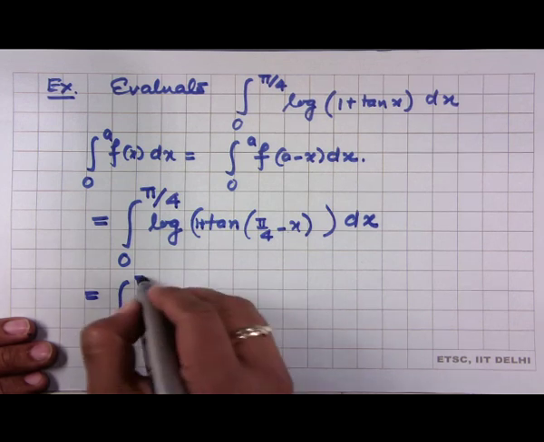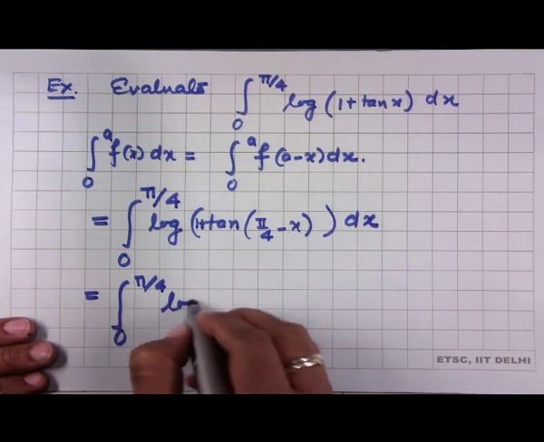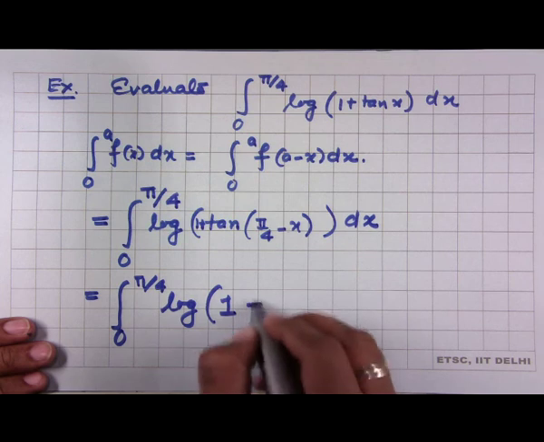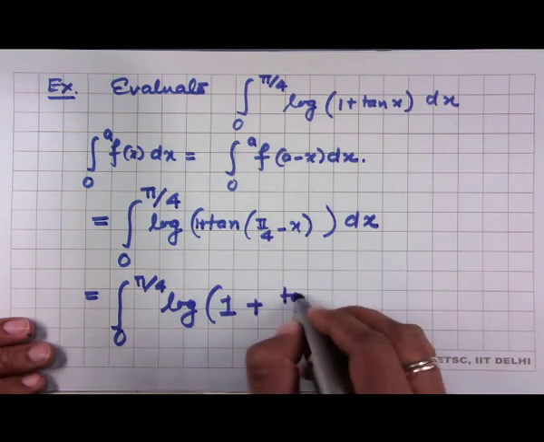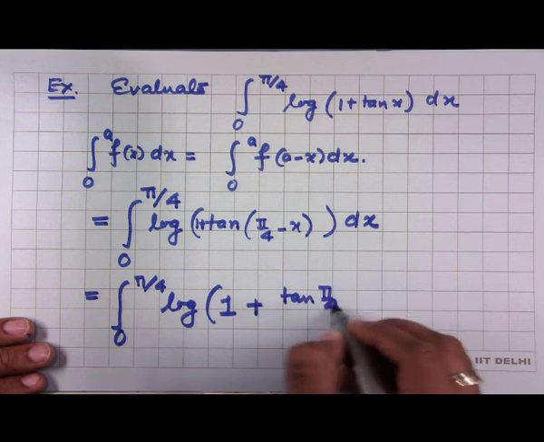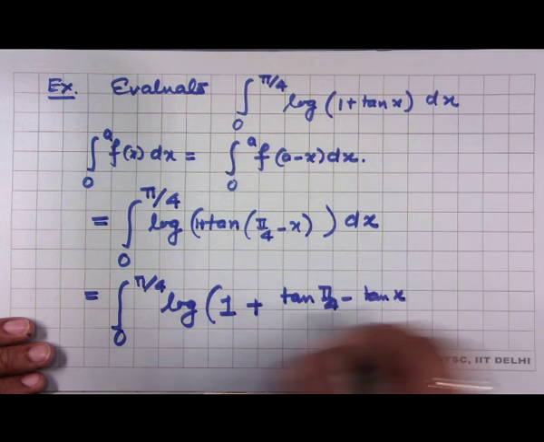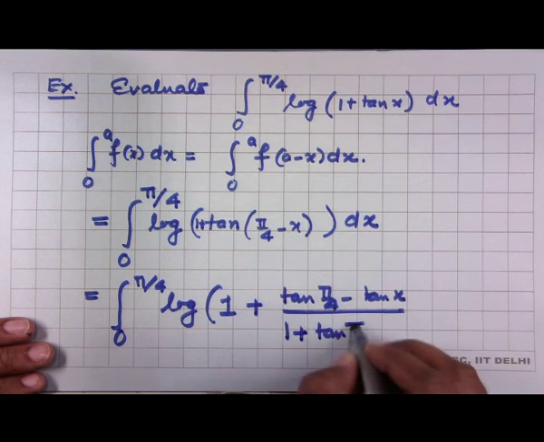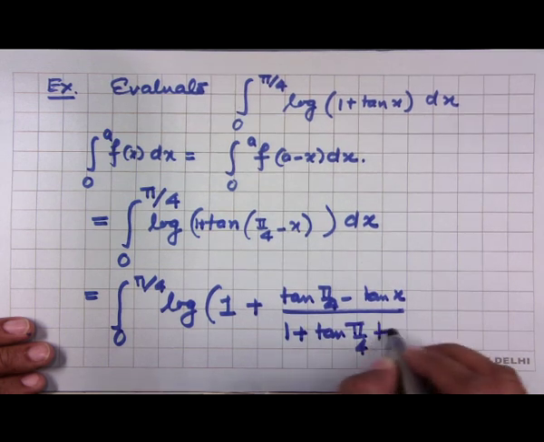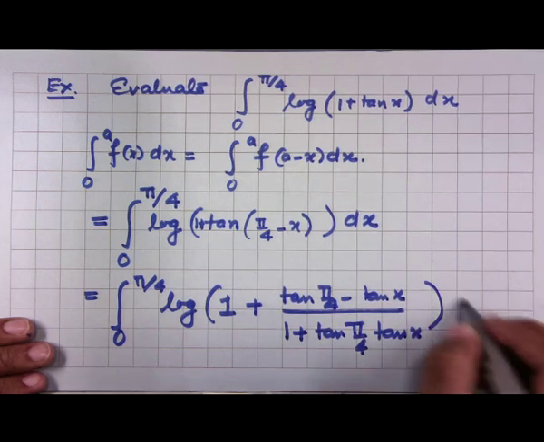Tan a minus b is tan a minus tan b upon 1 plus tan a tan b.